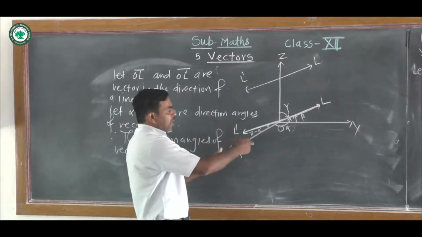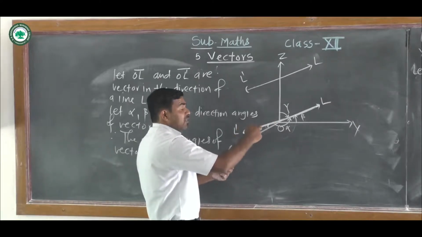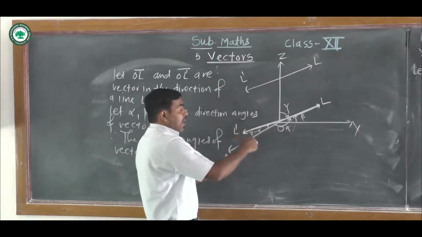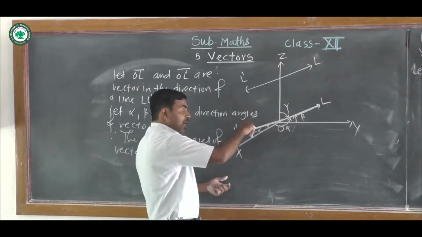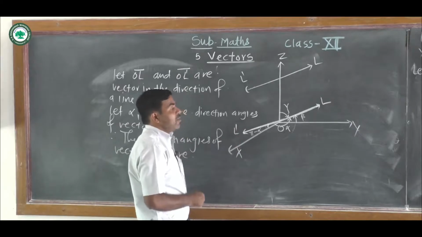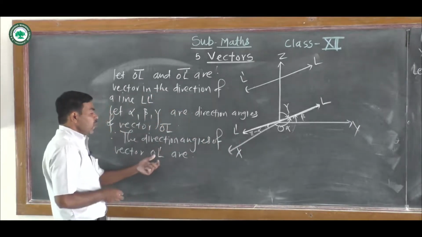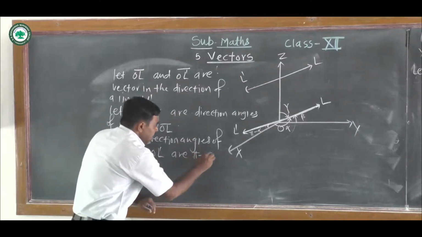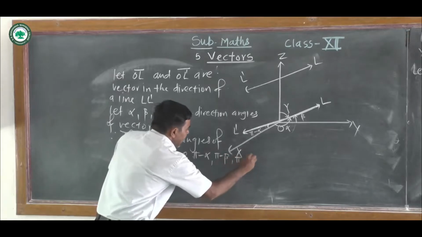Similarly, the angle made by the vector OL dash with positive y-axis is pi minus beta, and the angle made by the vector OL dash with positive z-axis is pi minus gamma. So the direction angles of vector OL dash are pi minus alpha, pi minus beta, and pi minus gamma.